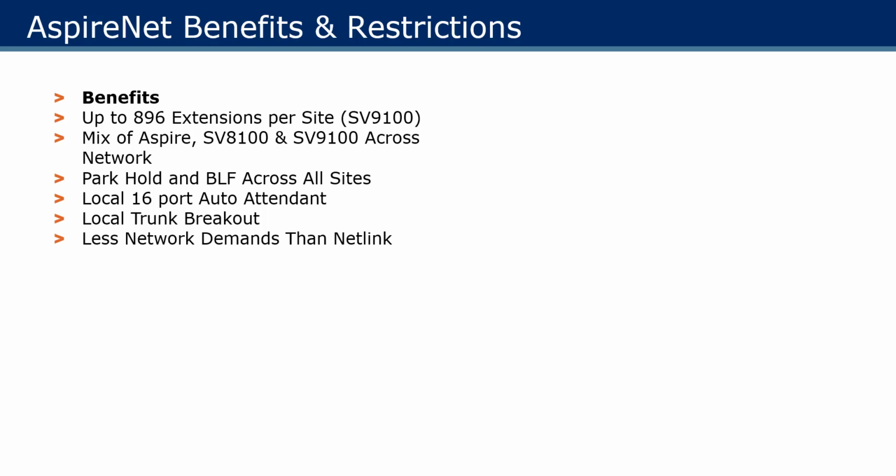You can have a mix of Aspires, SV8100s, 9100s, CP10s, CP20s. It's all a mishmash, providing that they are NEC systems, Aspire, SV, we're good to go. We can have park hold, we can have busy lamp status across the estate, so I can see when my colleagues are on the phone and off the phone, park hold, local auto attendant, local voicemail, local breakout, which is probably not a requirement nowadays because lines and minutes are so cost effective.